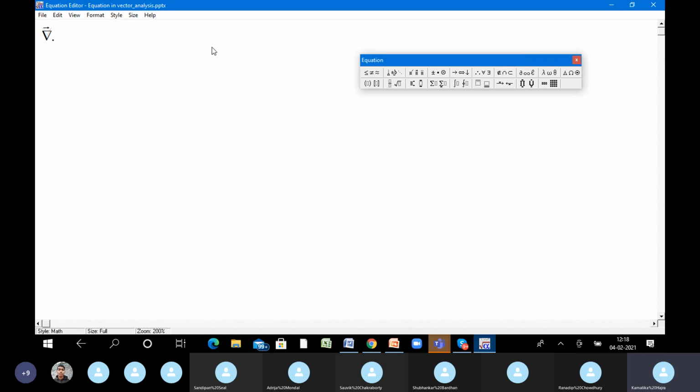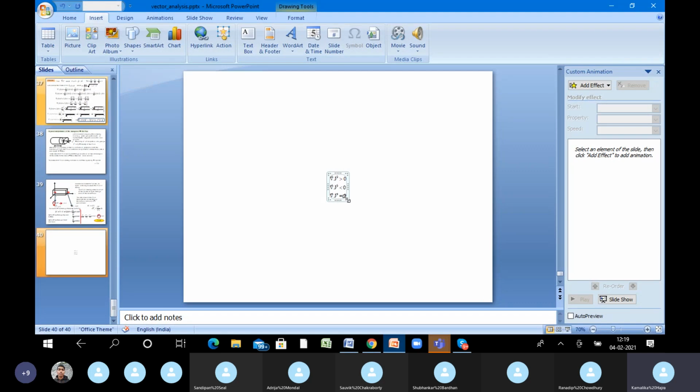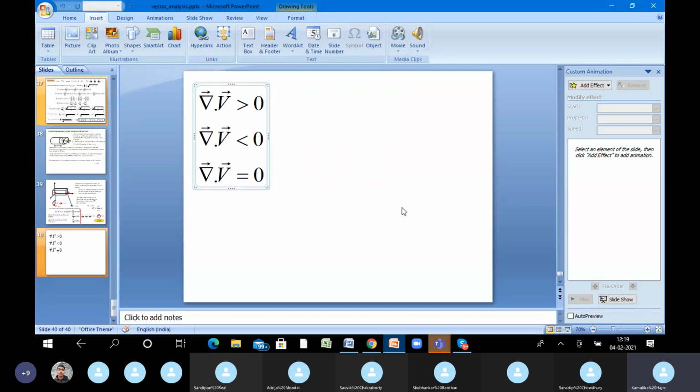Divergence of the vector V can be greater than 0, can be less than 0, and can be equal to 0.